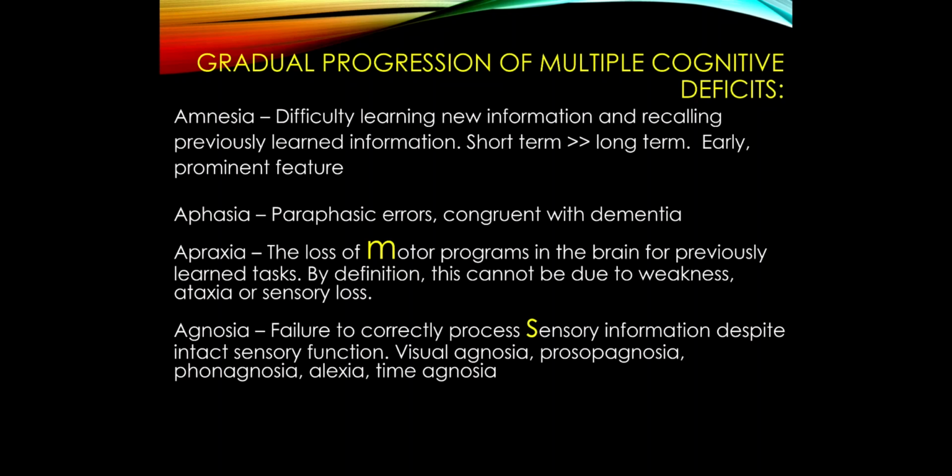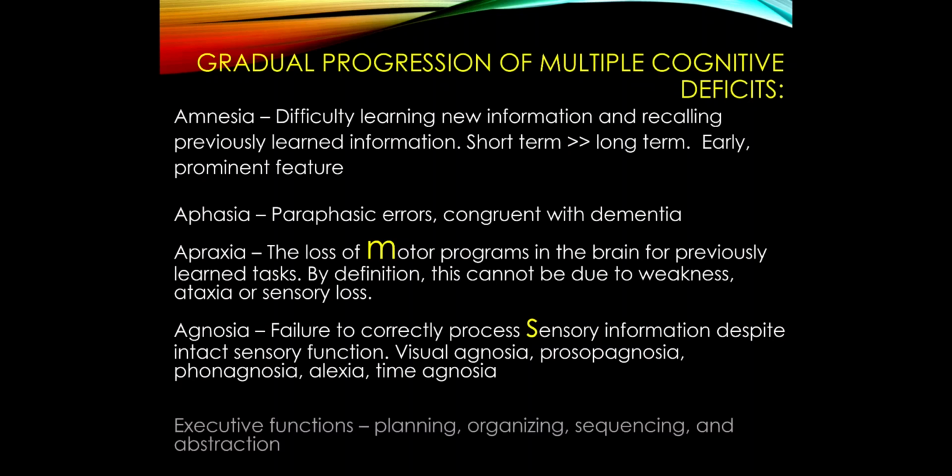Time agnosia is actually quite common, where patients have difficulty just with the sequencing of time throughout the day. Of course, alexia can also be quite common, and phonagnosia is just the difficulty in recognizing perhaps a familiar voice, and they sound less familiar to patients.